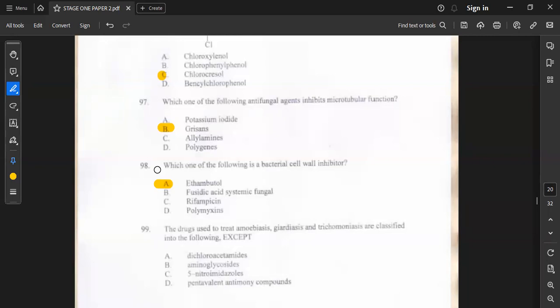Another thing for isoniazid is that it's bacteriostatic for resting bacteria, but if they are rapidly dividing cells, then it's bactericidal.